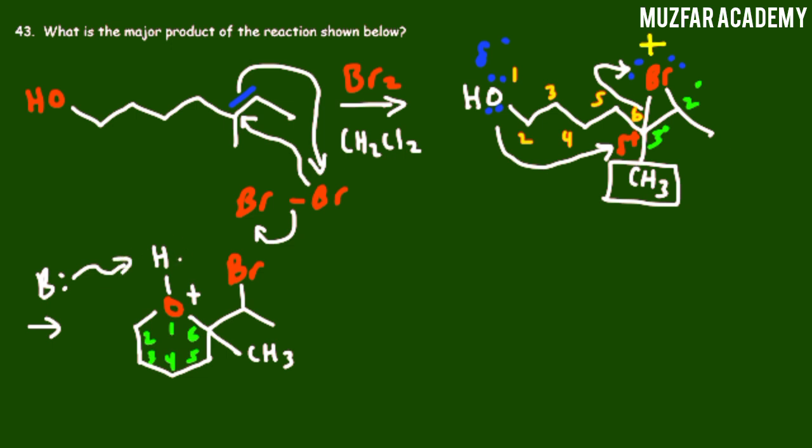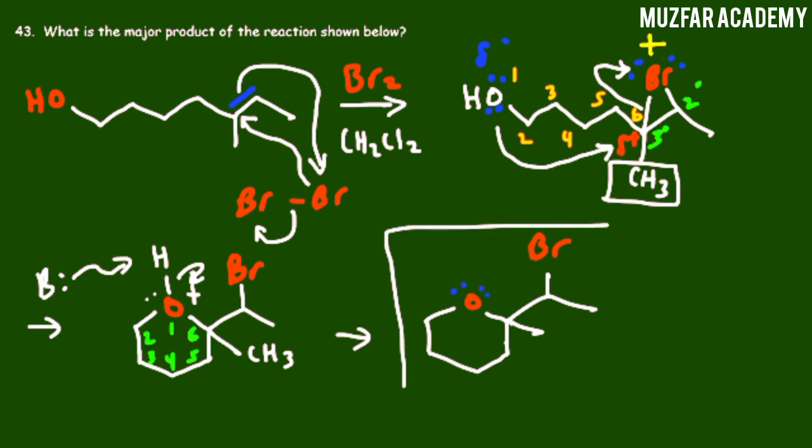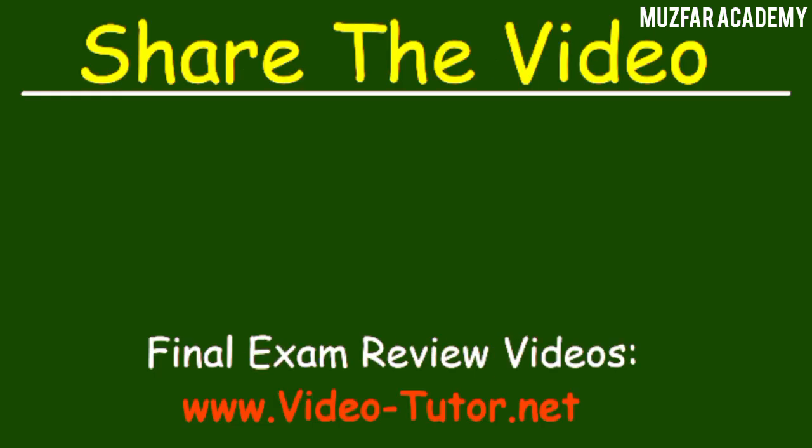So a generic base is going to remove this hydrogen and put a lone pair on that oxygen. There's already one, but it's going to have two. So this is going to be the final product for this reaction. So that's what we're going to get in this reaction.